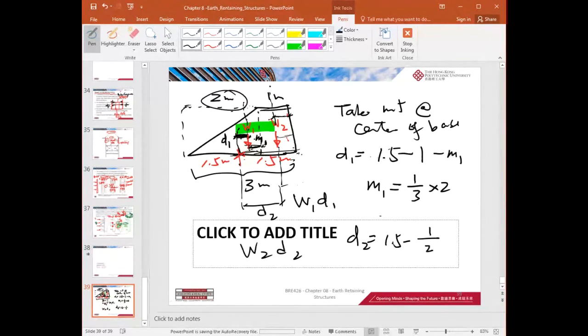If you regard the counterclockwise moment as positive, then every counterclockwise moment will be positive, and any clockwise moment will be negative. Okay? The W1, W2 could be on either side of the center of the base. That is the trick, right? So everything is clear.